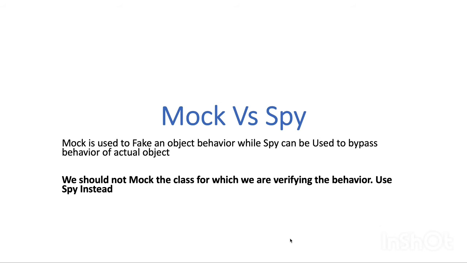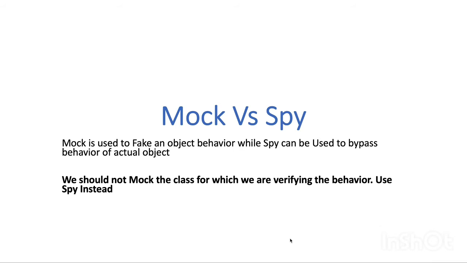Now, what is mock and what is spy? Mock we can consider as a fake object or a fake behavior, while spy is used to bypass any behavior of an actual object. Spy is used along with the actual object. While writing unit tests, there is one important thing we need to consider: we should not mock the class for which we are verifying the behavior.